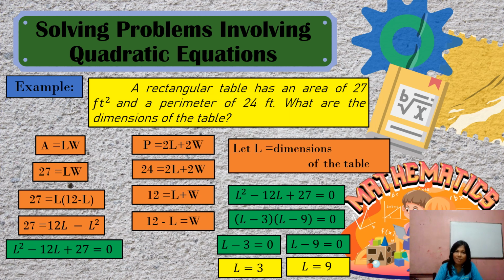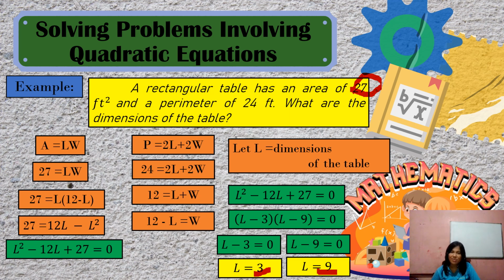Paano natin malalaman kung correct ba sila? Tingnan natin. Pag sinabi nating area daw, 27 dapat. Di ba yung area is length times width. So, multiply natin. 3 times 9, 27 ba? Of course, 27 siya.